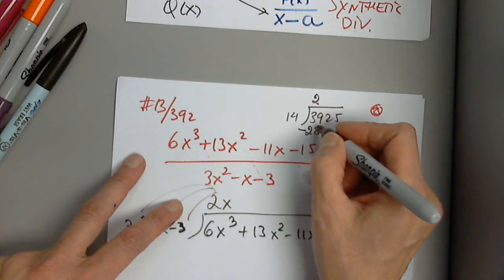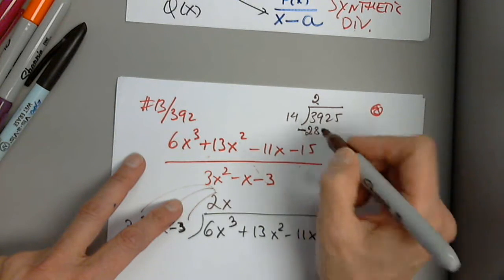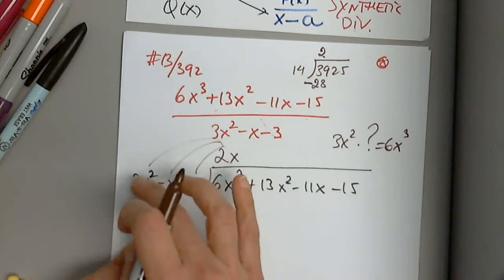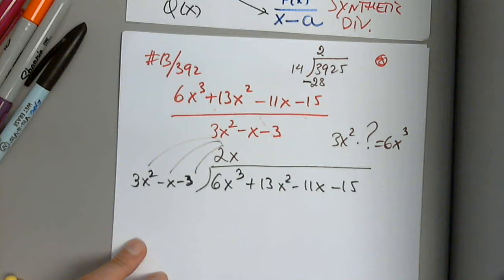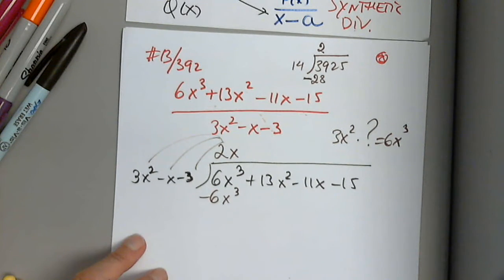I cannot add to 39. So although 2 times 14 is positive 28, I change the sign. For the same reason, I will change the sign here every time I write. So 2x times 3x squared is, but I have to change the sign, whatever the sign is, to the opposite.